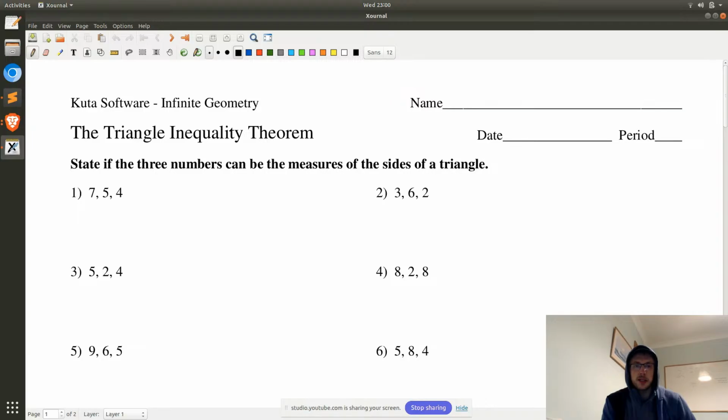You can't make a triangle out of those. But in this particular case, it's not violated. And so we say yes. In this case, it is. So it can't be a triangle. In this case, it's not. It's not violated, so it can be a triangle.